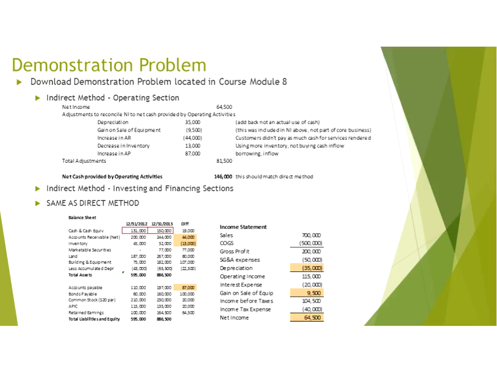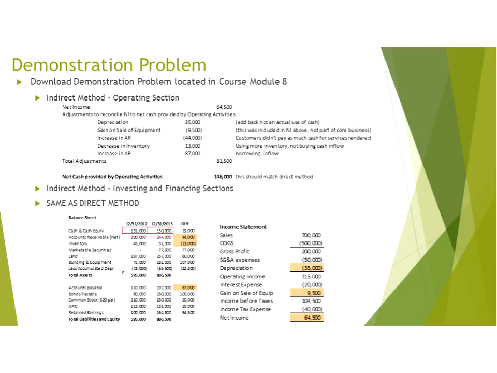So we need to subtract that out because we didn't actually get that cash from our customers. A decrease in inventory. So if you look at our inventory from the beginning of the year, we had $45,000. The end of the year, we had $32,000 for a net $13,000. So we're using more inventory instead of buying it. So we're going to add that back.